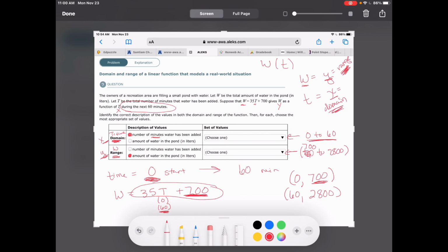So half the battle is just reading really carefully to figure out what's happening in here. But the second part of the battle is definitely knowing what this means. W as a function of t tells us that t is going to be our x and w is going to be the output or the y. Hope that helps.